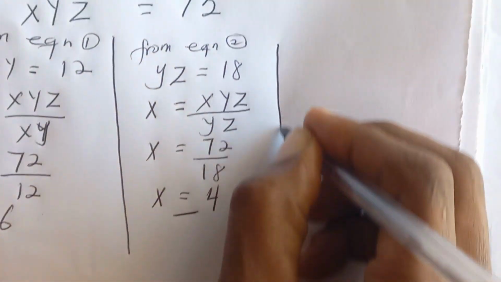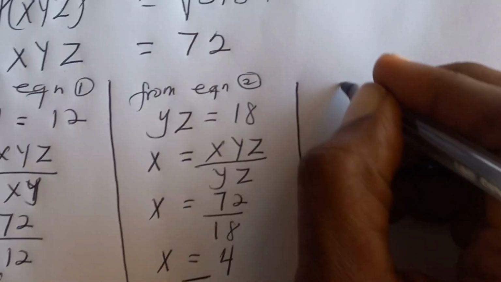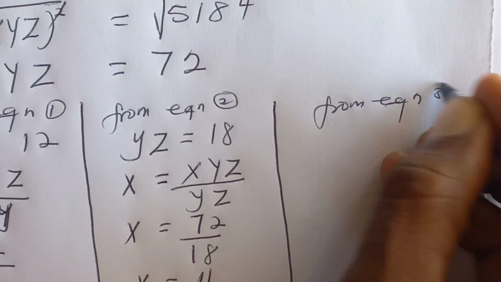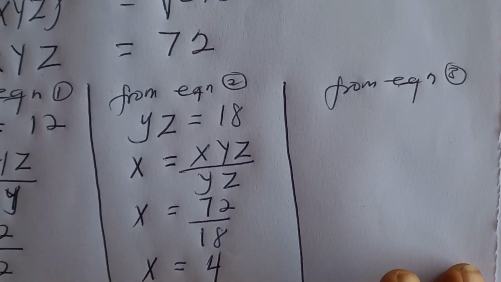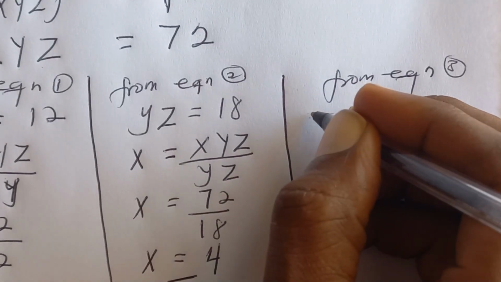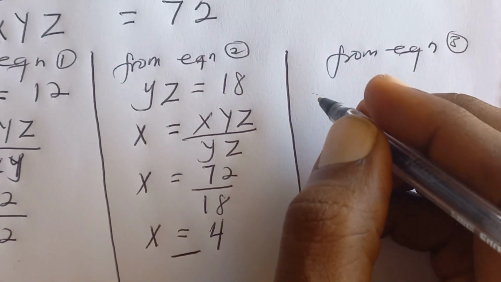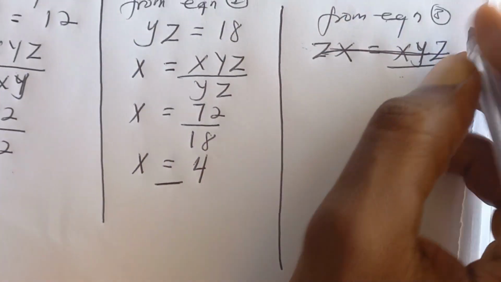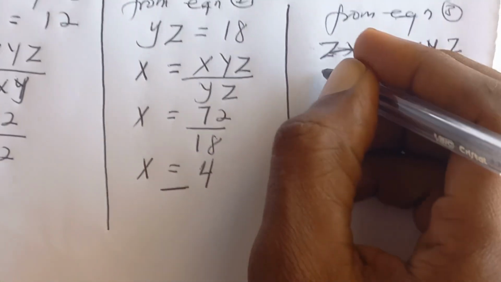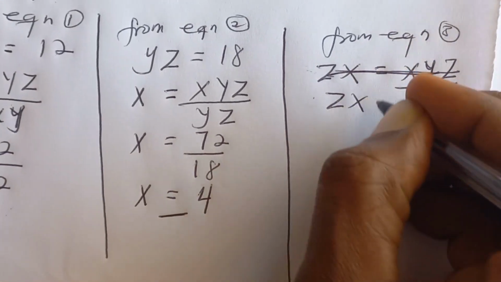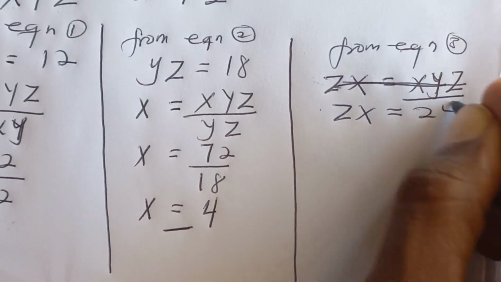Now let's look for our y. You can see that from equation 3, zx is equal to 24.